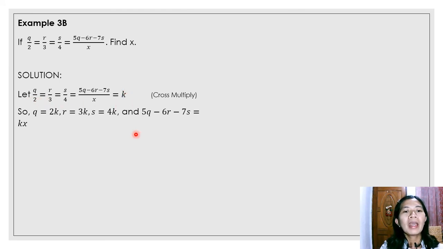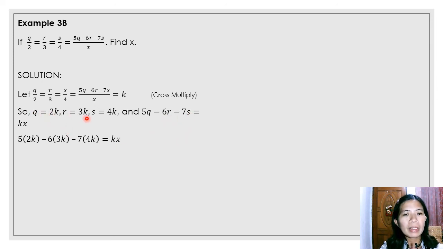Now, 5q minus 6r minus 7s equals k times x. So we cross multiply the x also. From this equation, we will substitute the values of q, r, and s.